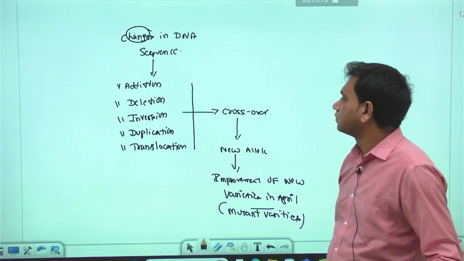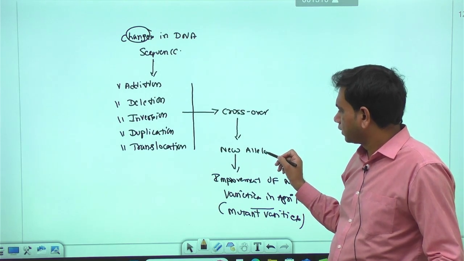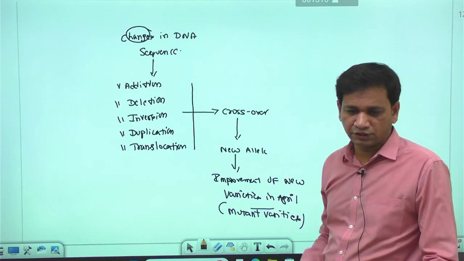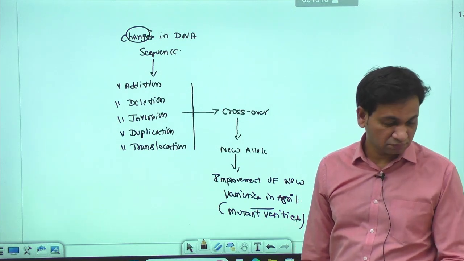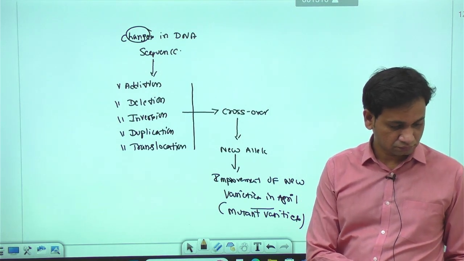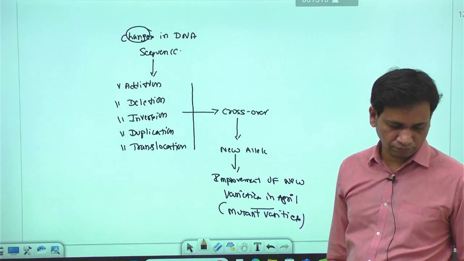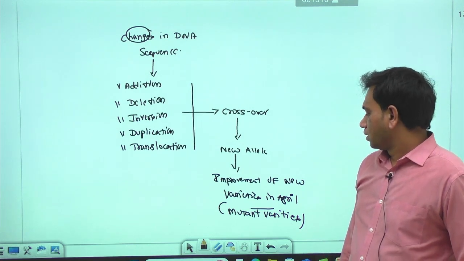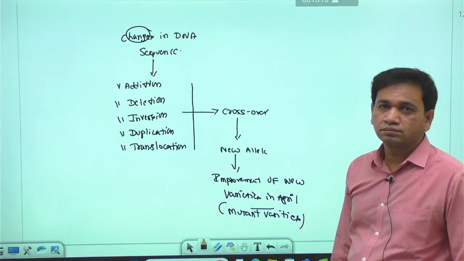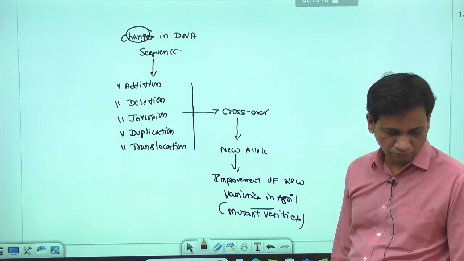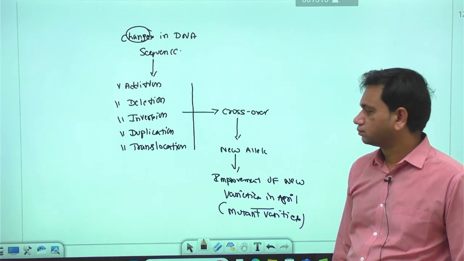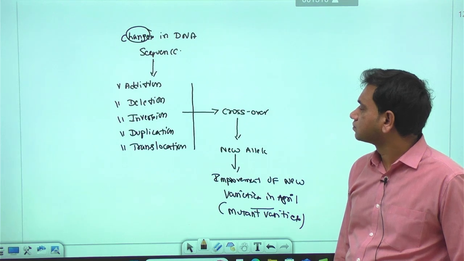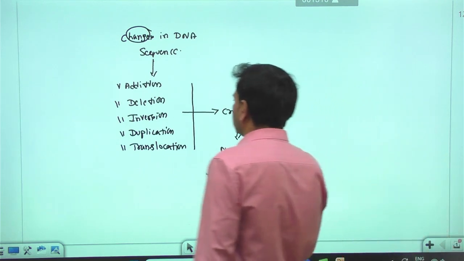It is due to the crossover mechanism, so a new allele sometimes can appear in the population. Over now. So here let us take some examples.